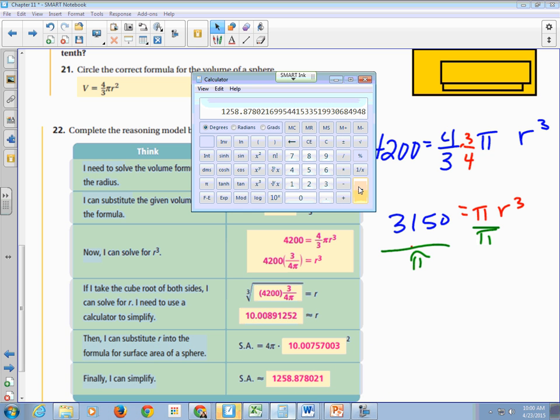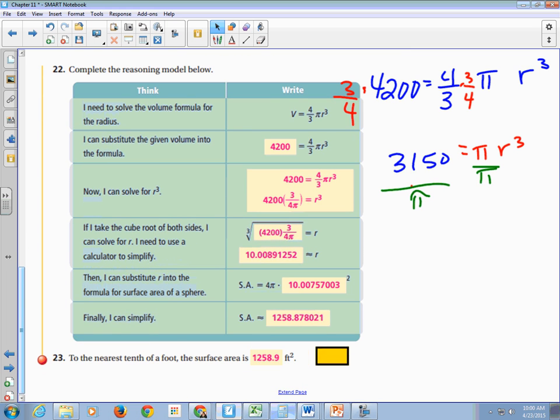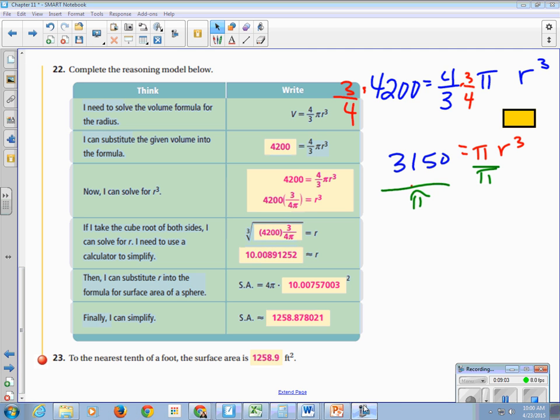And we get 1258.878. If we round that correctly, we get 1,258.9 square feet. And that is the volume and surface area of a sphere.